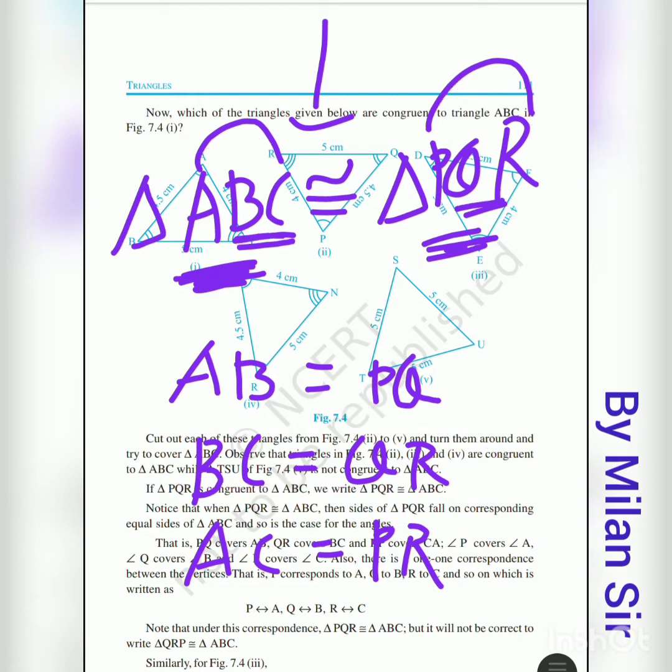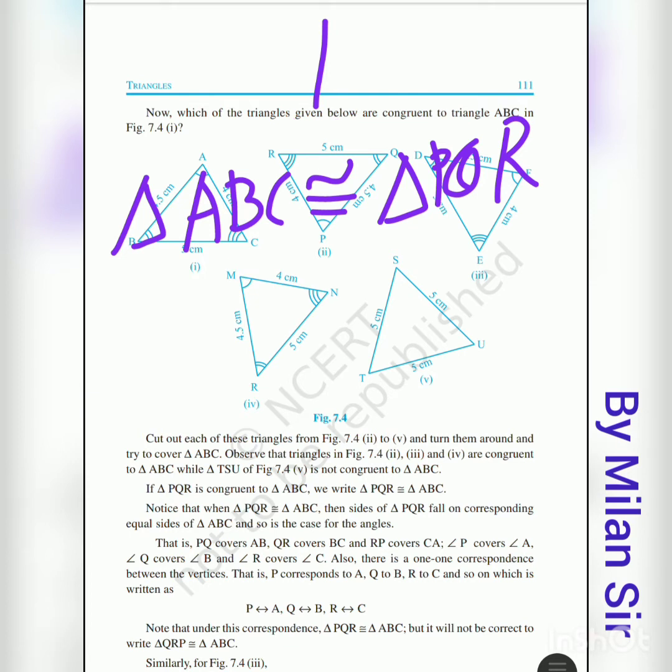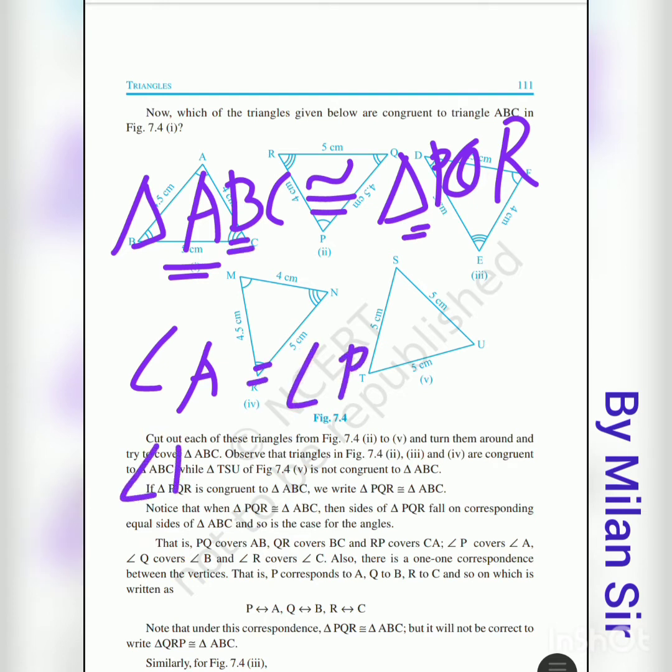Three sides are the same, and for the angles, first consider the first position A, it is equal to the first position P. Then angle B is equal to the second position, angle Q. Then angle C is equal to the third position, angle R. So angle A equals angle P, angle B equals angle Q, angle C equals angle R. Three sides are the same and three angles are the same.